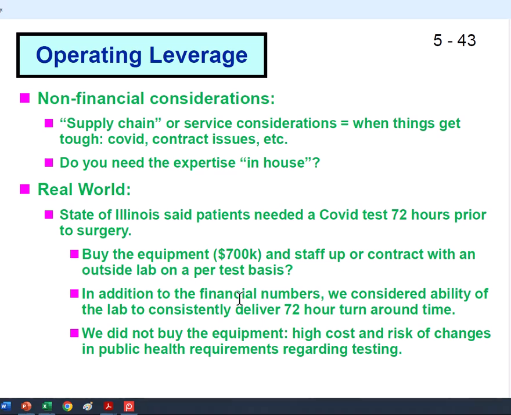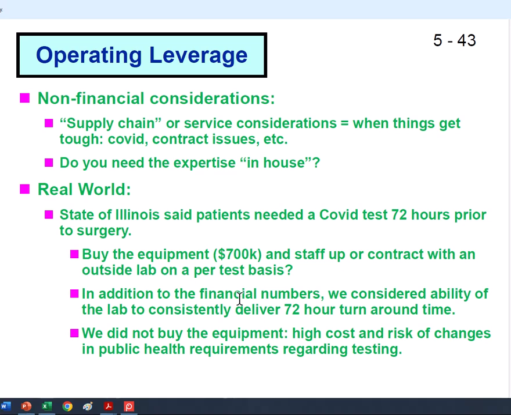Our considerations were obviously financial, at $700,000, but also, could Quest guarantee turnaround time in less than 72 hours? We basically needed turnaround in 72 minus 12, because we had to call the night before. Usually you get a call late afternoon: okay, we got you, show up tomorrow at 5 a.m. or 6 a.m.